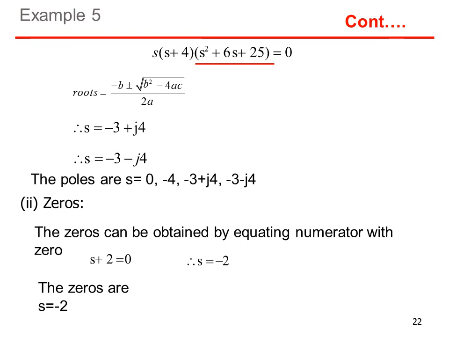So in this way the poles are 0, minus 4, minus 3 plus j4 and minus 3 minus j4. Now zeros. The zeros can be obtained by equating the numerator with 0, and the numerator is s plus 2 is equal to 0. So the zero is s is equal to minus 2.